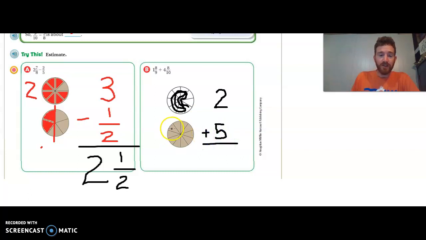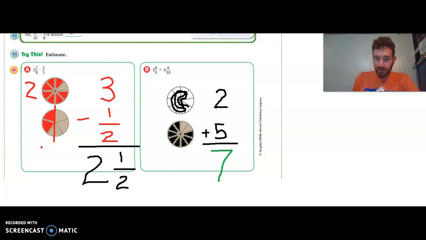Now, again, I'm just showing this to show the fraction piece, but if we fill these in, 8 of them, 1, 2, 3, 4, 5, 6, 7, 8, we can see that's like almost all of it. Okay, now again, here we're getting to where we're just doing some simple addition as we get to an answer. So of course we would say, well, this is about like 2 plus 5, so this is about like 7. Okay, so that's kind of the idea for today.